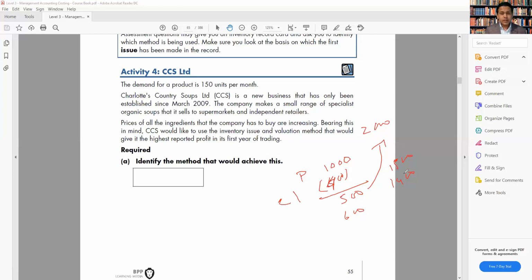If the price goes really down, maybe in that case you have an impact on the closing inventory when using FIFO. You are right, but in the exam you will hardly see the price of the product go down, because normally it does not happen. The price of the product or ingredients day by day is always increasing, not decreasing.